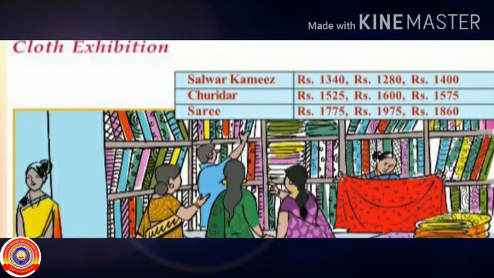Look students, a cloth exhibition is being conducted here. The prices of some clothes are given below. Salwar kameez: 1340 rupees, 1280 rupees and 1400 rupees. Churidar: 1525 rupees, 1600 rupees, 1575 rupees.